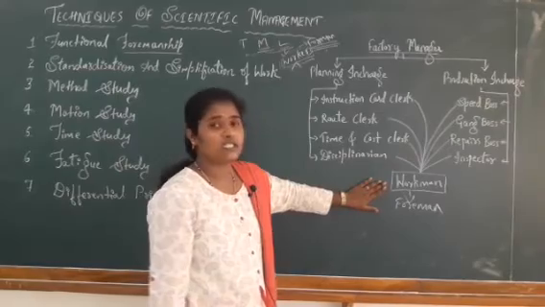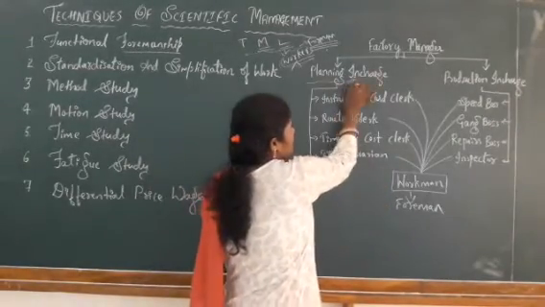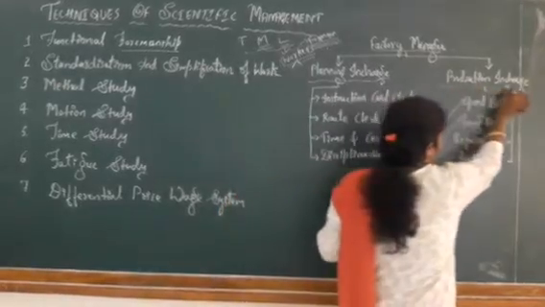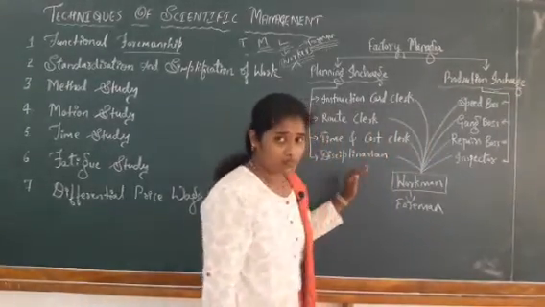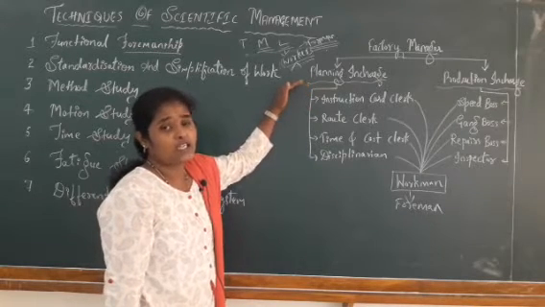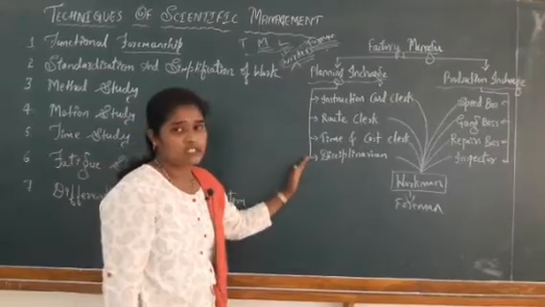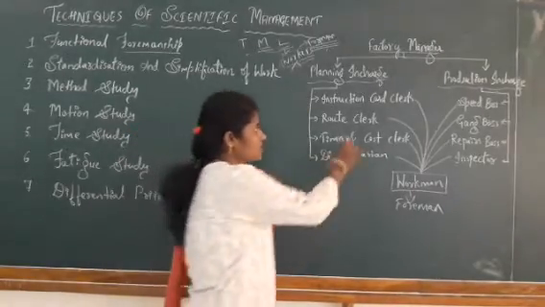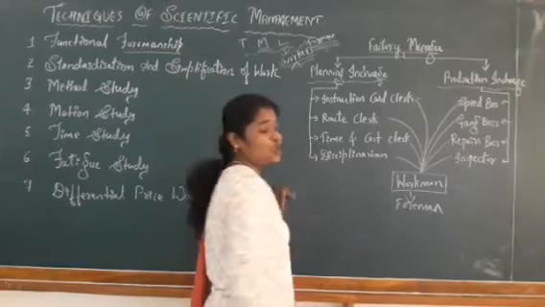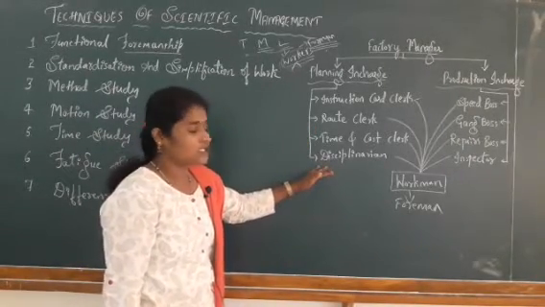This person takes charge of two categories: first planning in-charge and production in-charge. When the foreman is using the techniques of planning, there are mainly four in-charges. First one is instruction clerk, route clerk, time and cost clerk, then disciplinary.